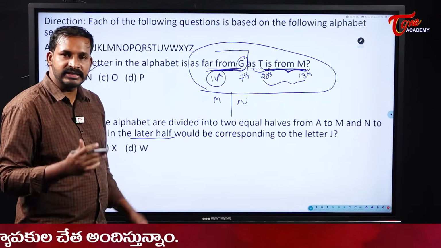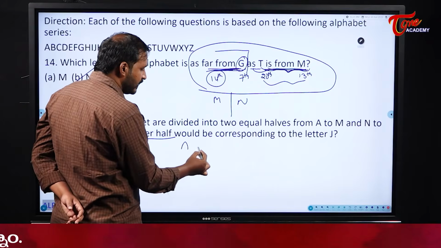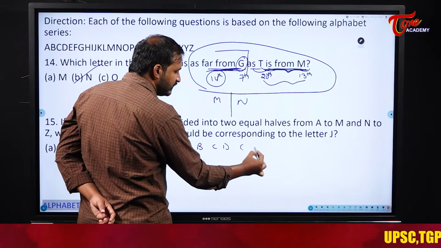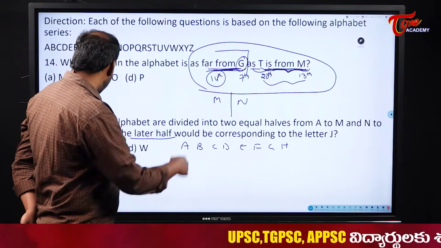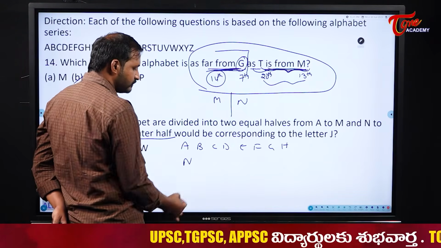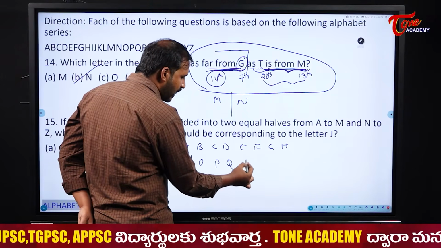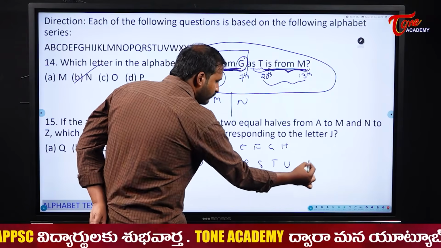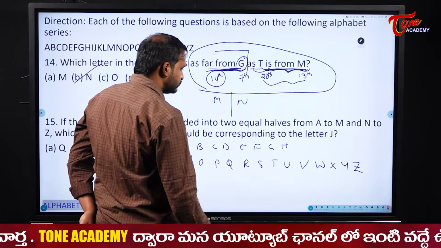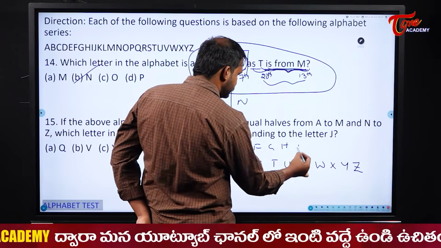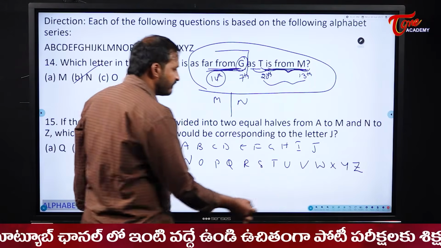Now what I am doing is writing them one over the other. A, B, C, D, E, F, G, H, and so on, A to M. And N to Z: N, O, P, Q, R, S, T, U, V, W, X, Y, Z. Now please see here, which letter is corresponding to J here for me?